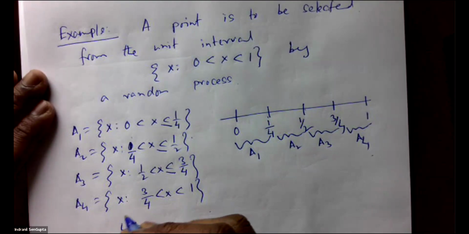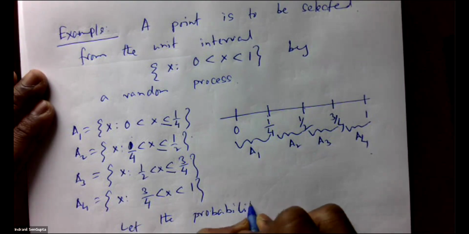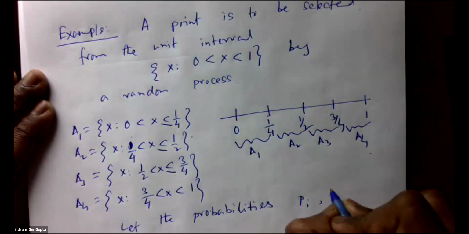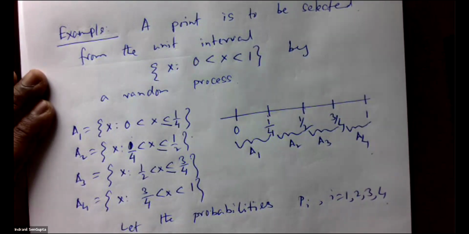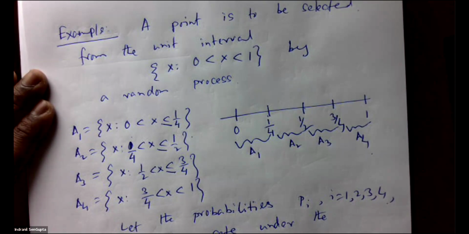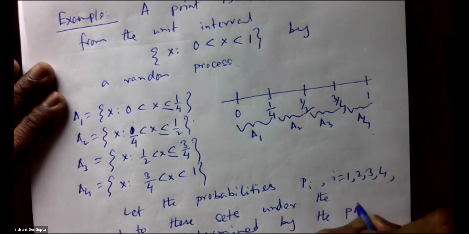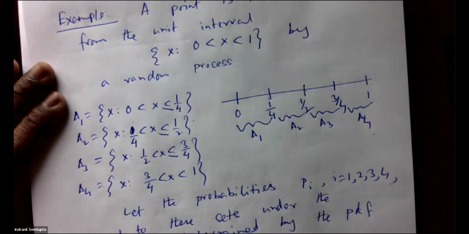So let the probabilities p_i, i from 1, 2, 3, and 4, assigned to these sets under the hypothesis be determined by the PDF f(x) equals 2x when 0 < x < 1, 0 otherwise.